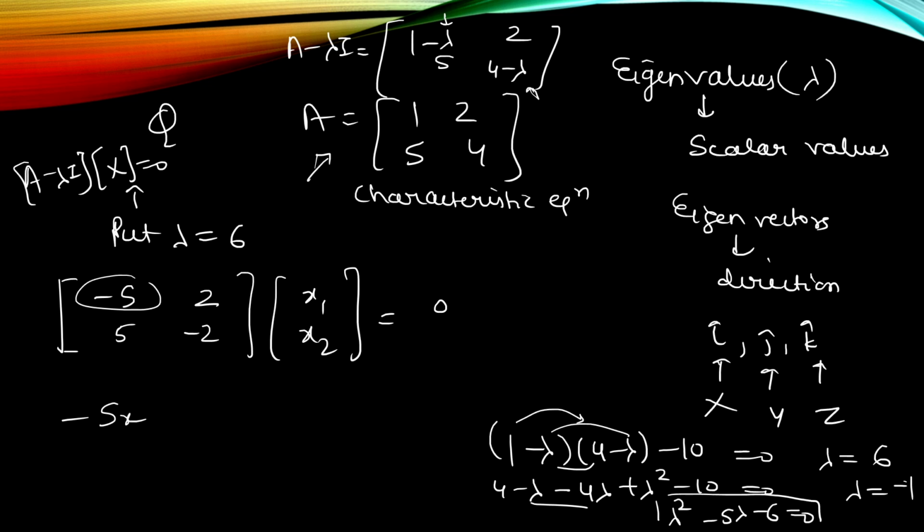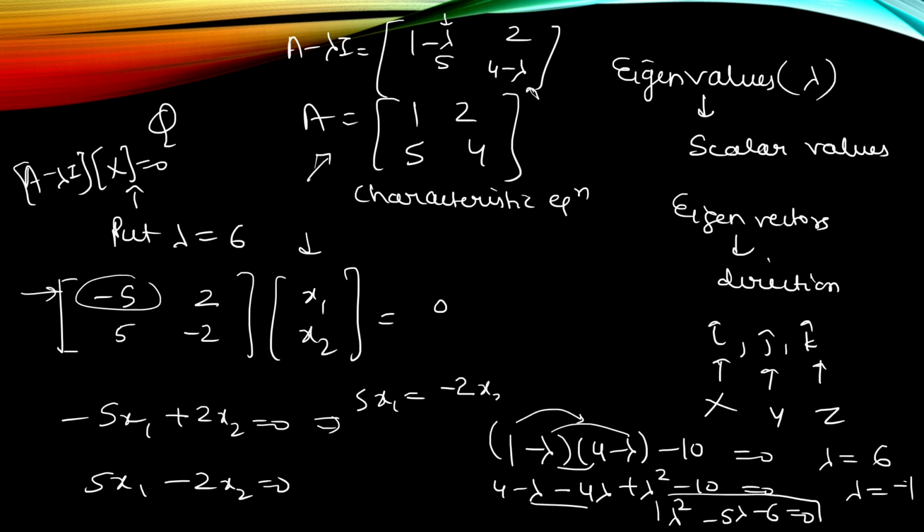So first row, first column, minus 5x1 plus 2x2 equals 0. 5x1 minus 2x2 equals 0. So you can see that here your x1 is 2x2 by 5, right? Correct? So if you take it to that side, x1 becomes x2 by 5 times 2.